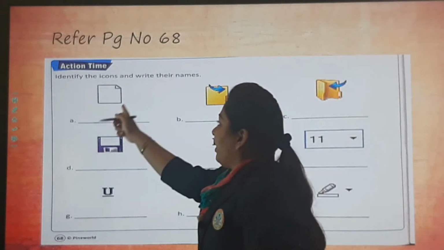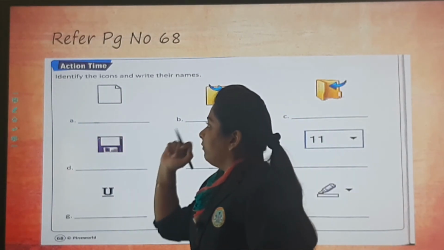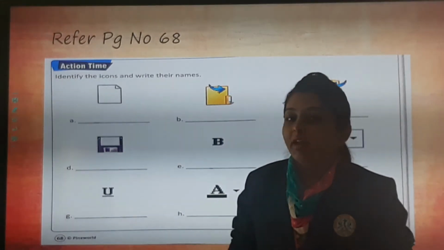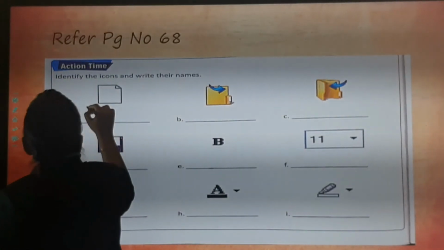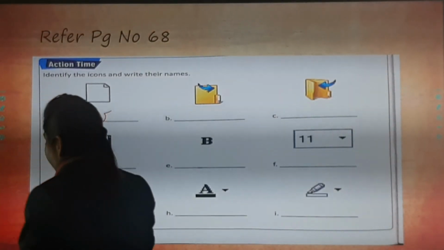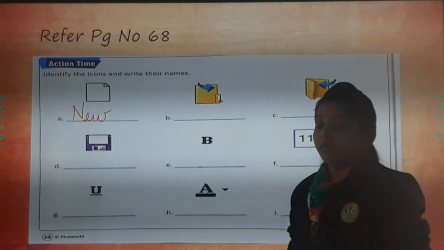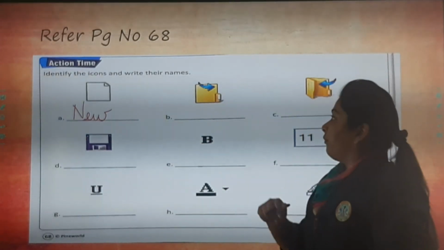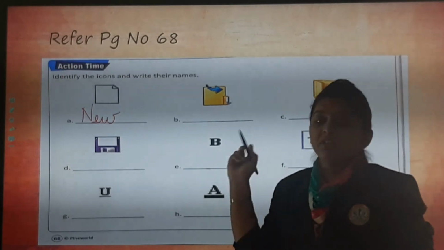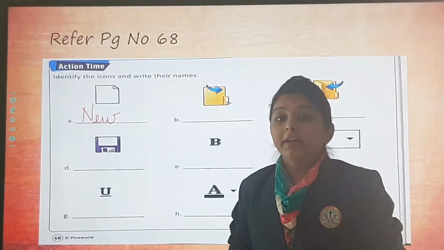Okay, first we will identify the first one, A1. What is it? Which icon is this? Tell me. It is new. So here you will write new. Understood? The first one is new. The next one, see this icon? We studied it just now. Which icon is this?